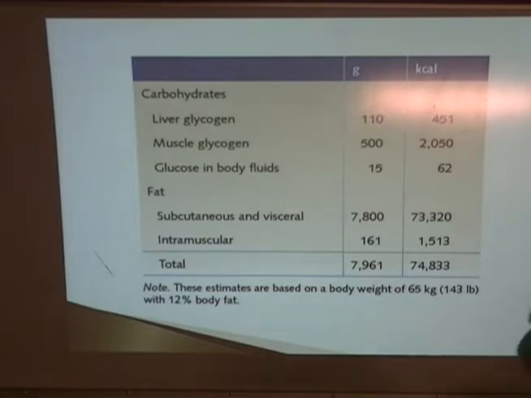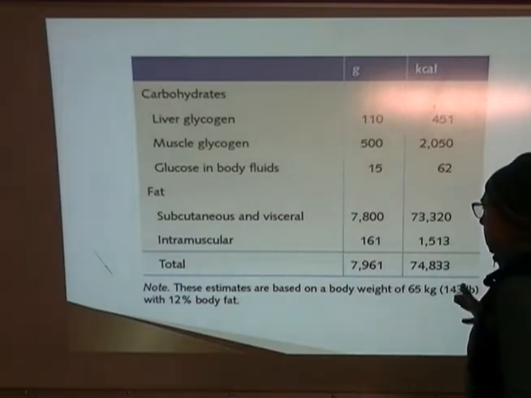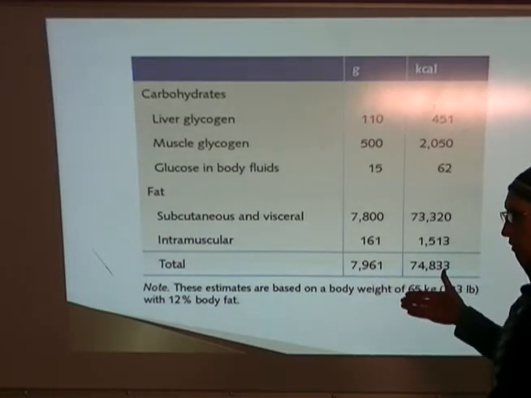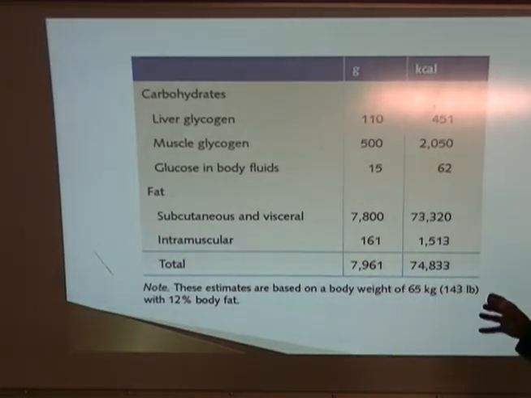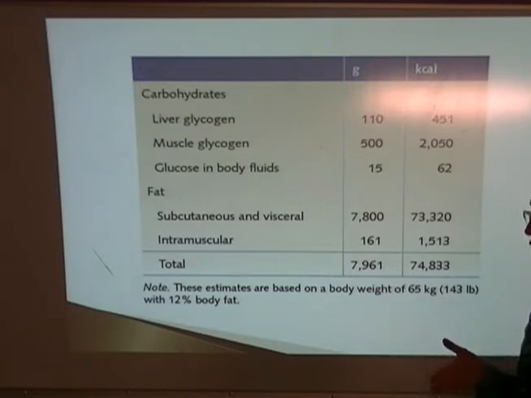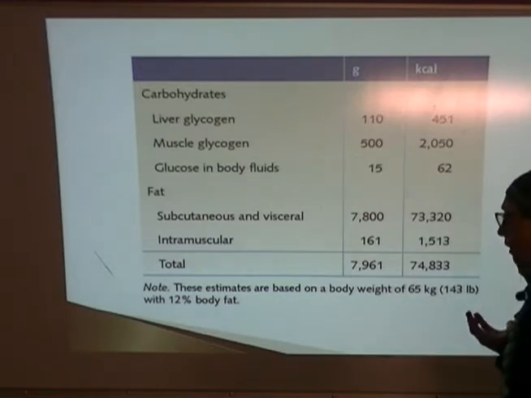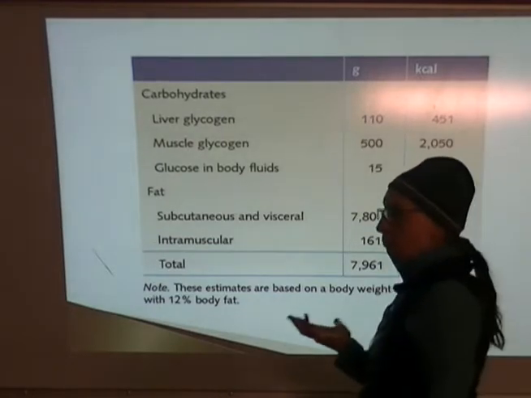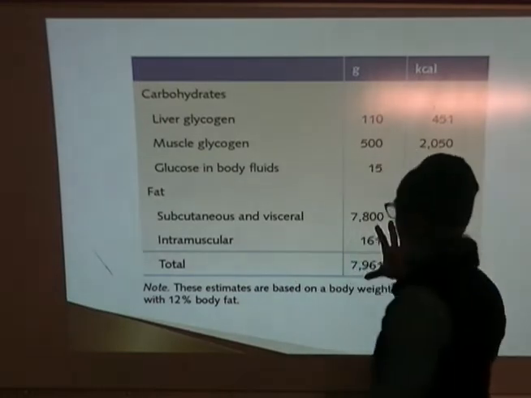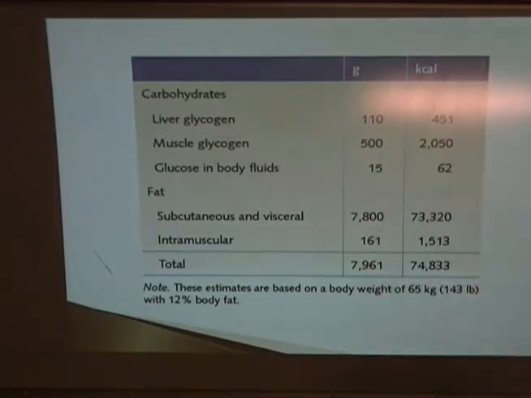And I think it's important to note that this is based on an individual who only has 12% body fat, so probably a male, because as we saw in chapter 13, 12% body fat is very low for a female. So this is probably a man, all right? But still, 12% body fat is pretty low, okay? And I think that's important when we look at the amount of energy that's available, okay?